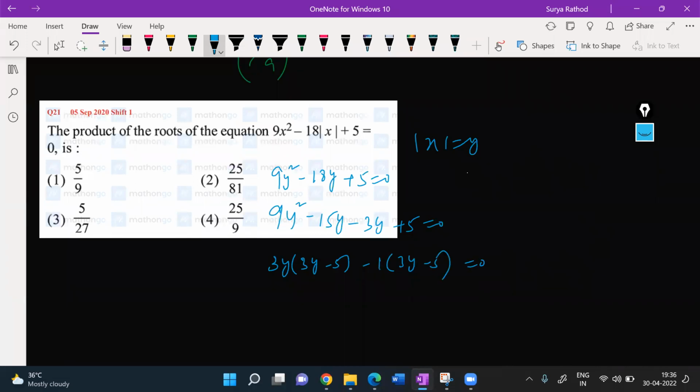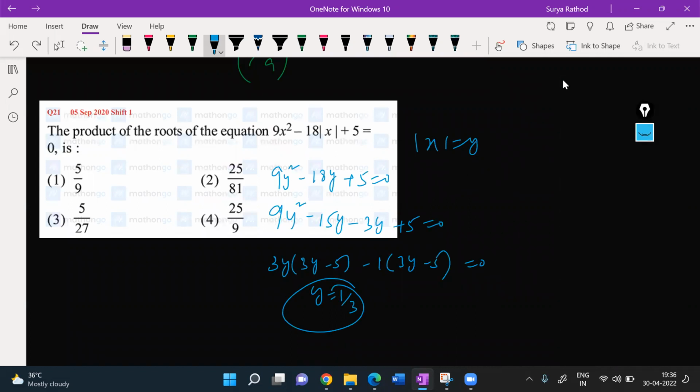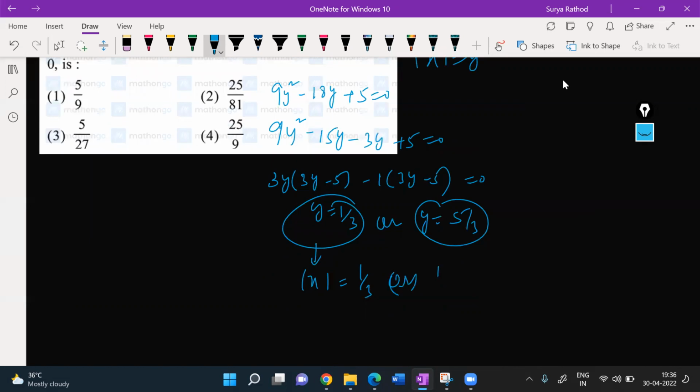मुझे y का वैल्यू क्या मिलेगा? y is equal to 1/3 और y value is 5/3. Correct? But y value was modulus of x, right? Modulus of x is equal to y. So modulus of x can be 1/3 or 5/3.